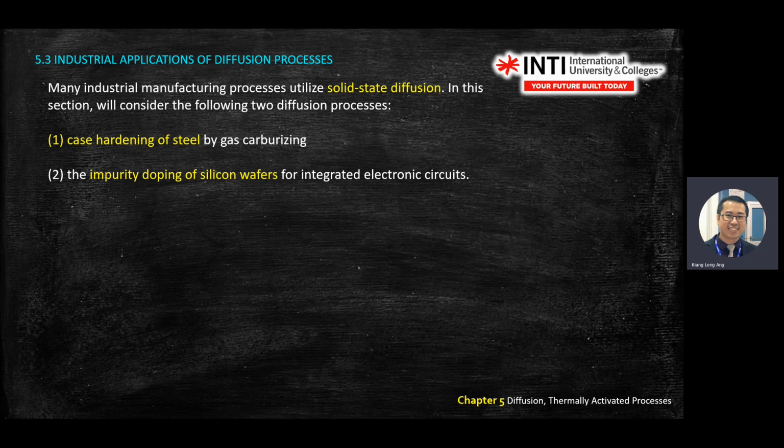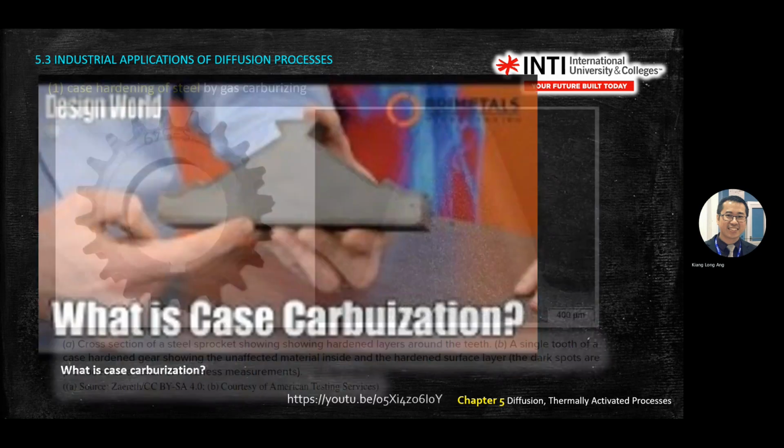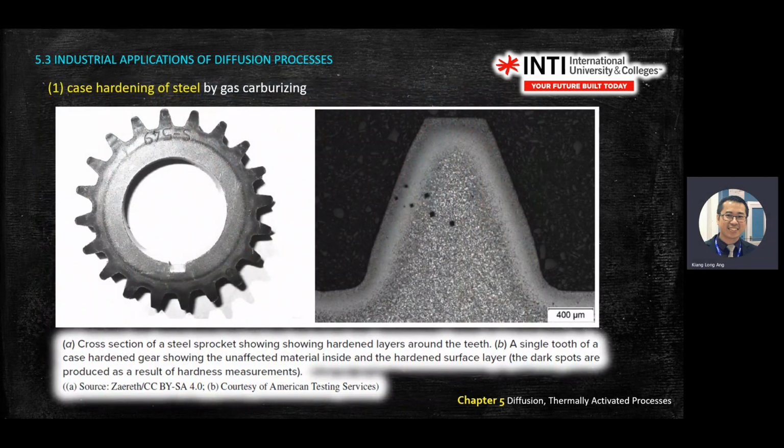So you need these two, diffusion. For example, if you do the cross section, you see there's a different cross section, right? So the outside will become stronger because you need all this gear to be stronger. So you do the diffusion process.